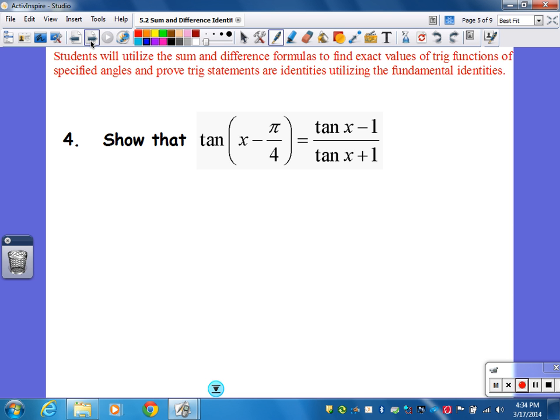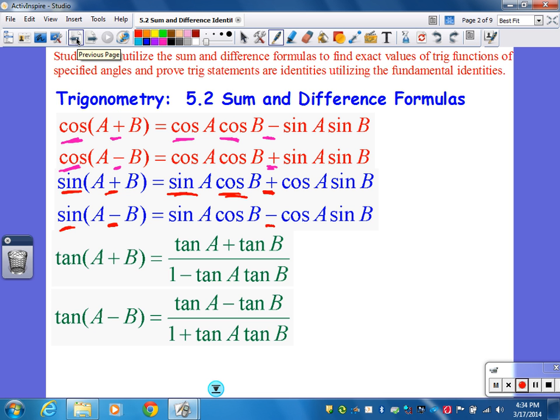Okay, now we have tangent. Kind of a different animal here. Tangent, we kind of have to look back at what we need for tangent. So let's quick go back, and we see that for tangent x, we have an x minus pi over 4, so we're going to be using this one down here.